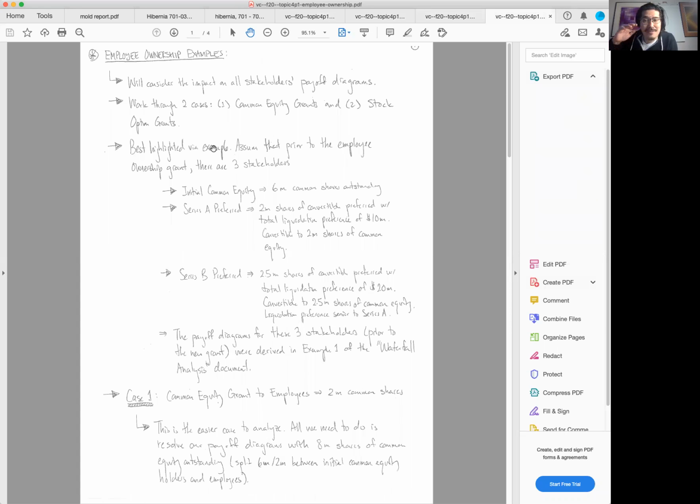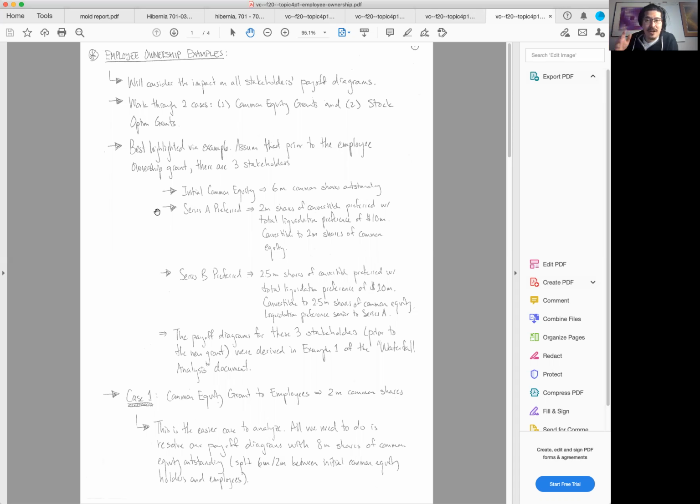And then I have yet another document called employee ownership examples, where I talk about how waterfall analysis is impacted by both the presence of employees owning common equity and employees owning stock options on common equity. Again, we will not have the time to discuss this in class, but the document is there.